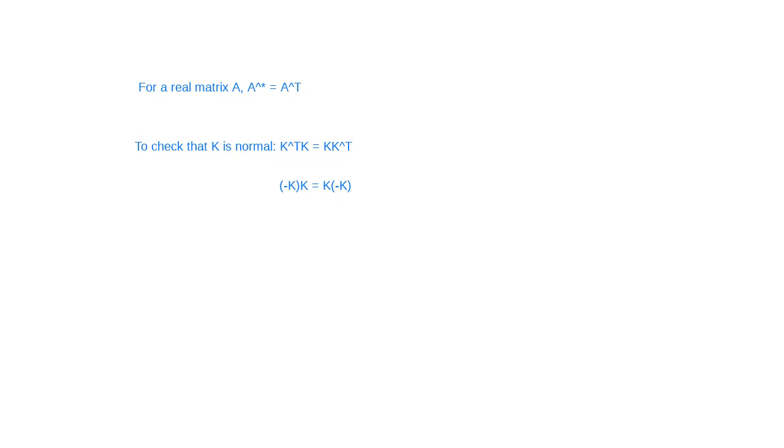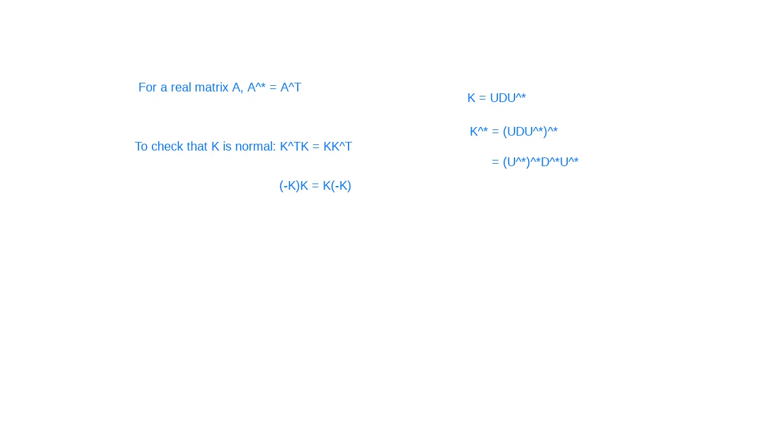That's how you check that K is normal. Once you know that K is normal, you can write K as U D U star, where U is some unitary matrix and D is a diagonal matrix. To compute K star, another way of doing it is to take the star of everything but reverse the order.